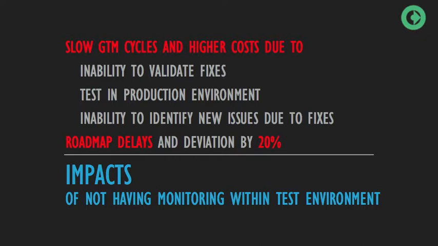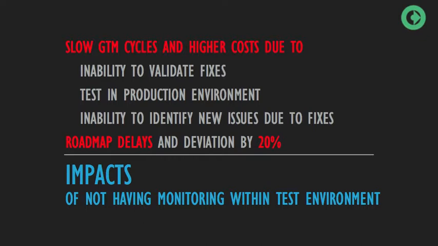Obviously, there will be slow GTM cycles and higher costs due to inability to validate fixes, because now you'll have to validate the fixes within the production environment. So once engineers supposedly confirm that they have fixed the problem, you'll take the new release, deploy it in the production environment, and you'll probably wait for the next issue to occur or reoccur.